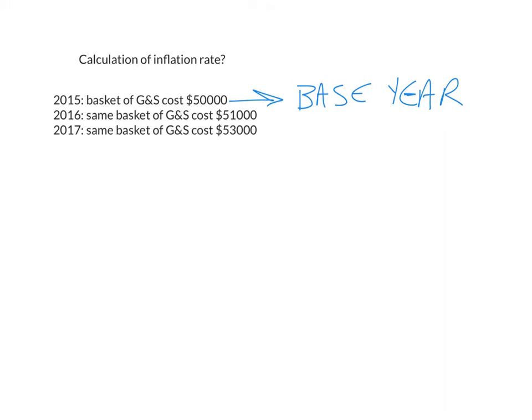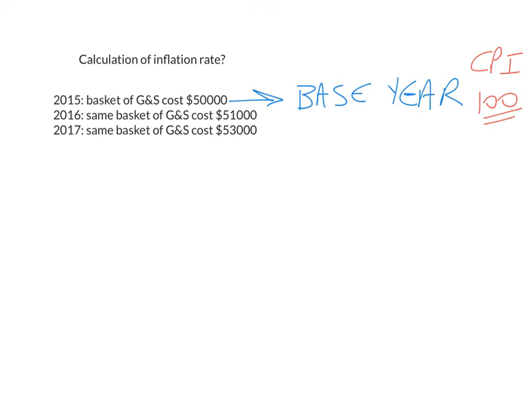The first thing economists would do is determine the base year. The base year is essentially the year that you base all your comparisons on. The base year is the year that gets the CPI of 100. So the CPI for the base year is 100. Therefore, in the future, it makes future comparisons much easier.